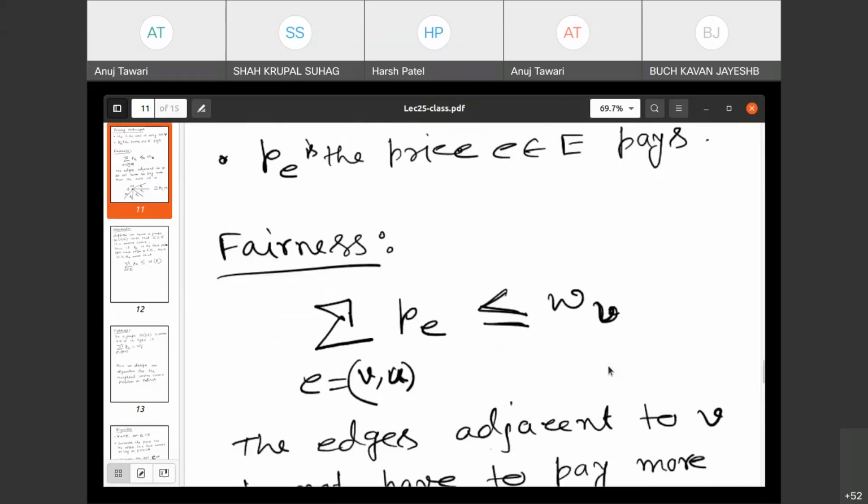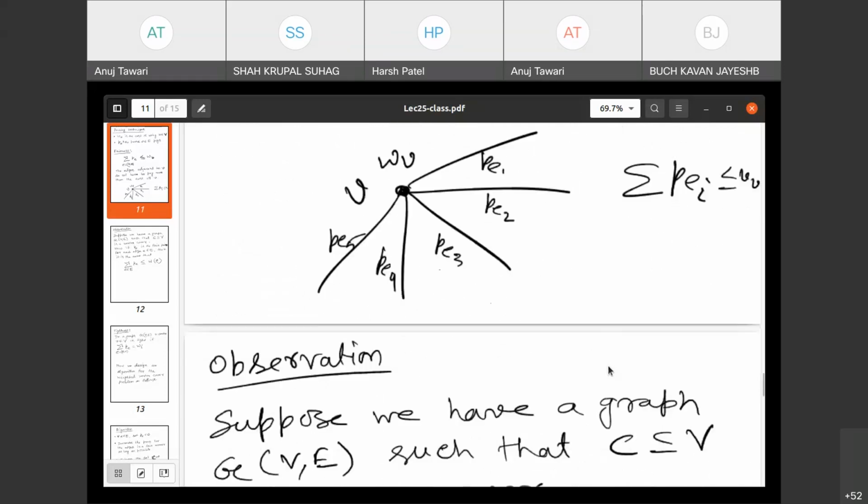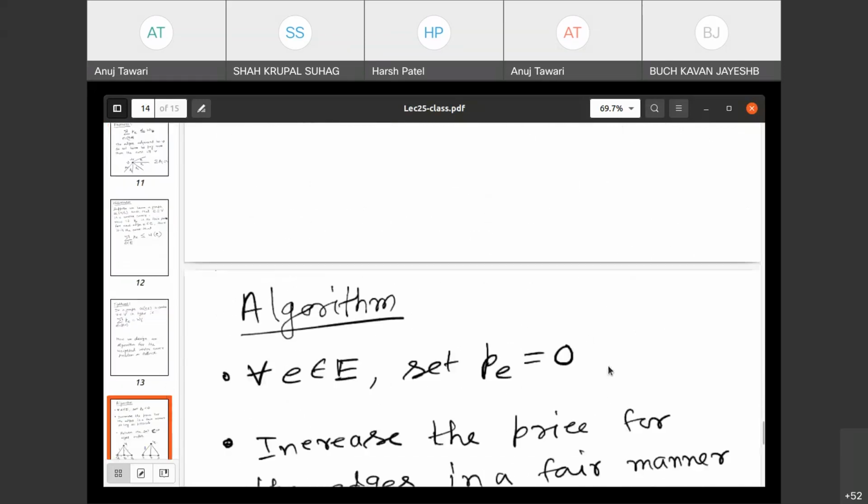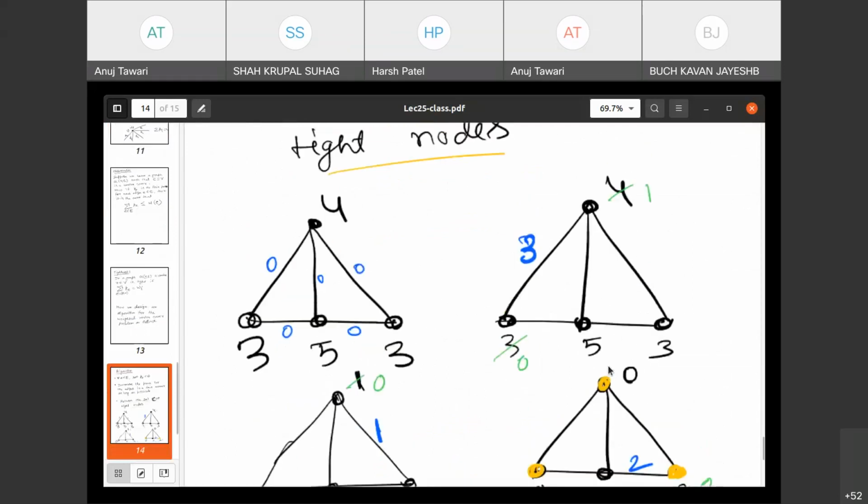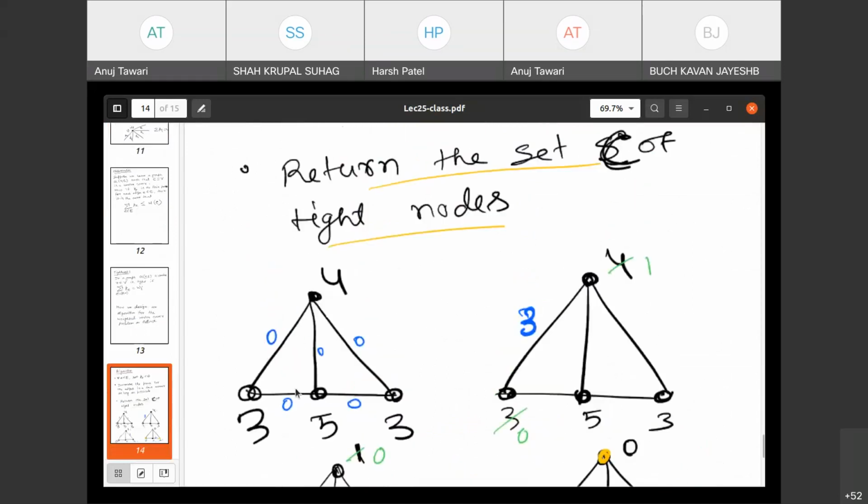So in this example, initially we set all of them to 0. Then we try to increase the price of one of these edges. We look at the minimum weight of the vertices incident with this edge.